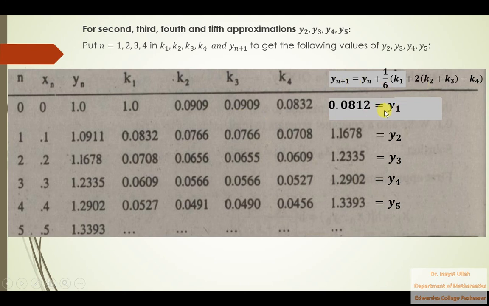We have calculated y1 0.0812, and then y2, y3, y4 and y5. This is the value of y5, which is the final value of this approximation. So this is how we use the RK4 method to find the solution of the given first order differential equation.